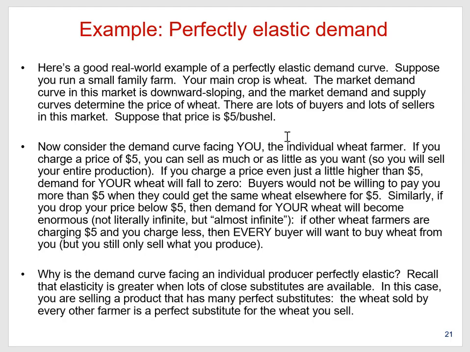Similarly, if you reduce the price by one cent, let's say, and quote $4.99, you could expect a lot of customers coming to buy from you, because usually when wheat is sold in large quantities in a perfectly competitive market, a slight change in price will draw a lot of customers to you. So it is an example of a perfectly elastic demand.